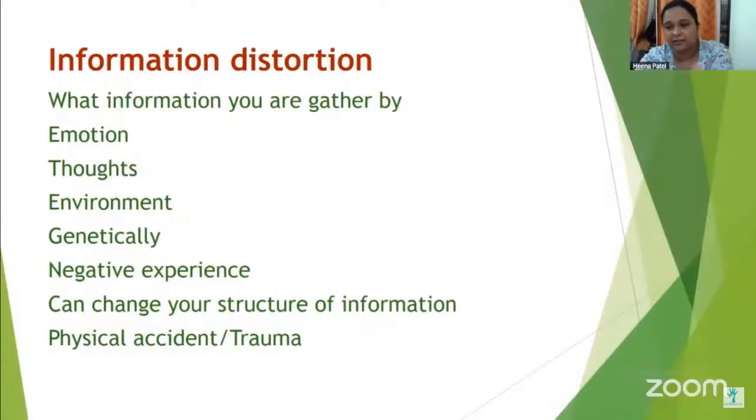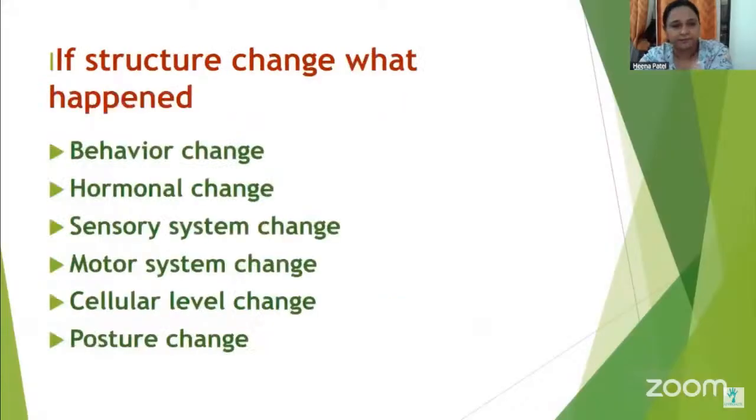We see that when a child or adult has head trauma, sometimes they even lose their cognitive development. If the structure changes, what happens? Behavior can be changed, hormones can be changed, the sensory system can be changed, the motor system can be changed, even the cellular level can change, and so can the posture system.